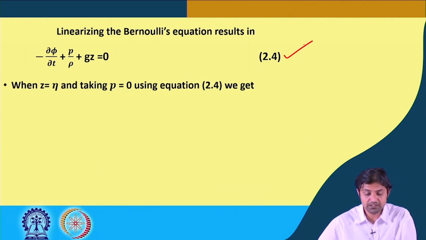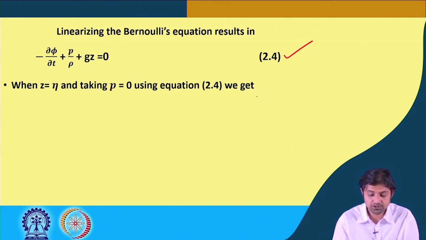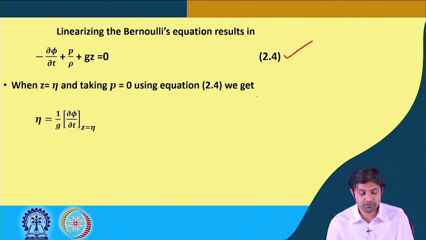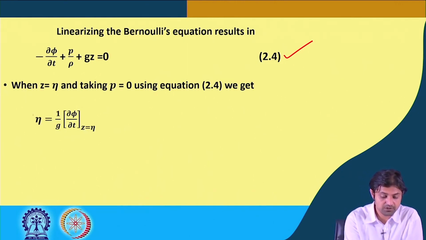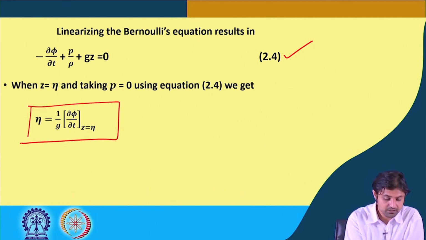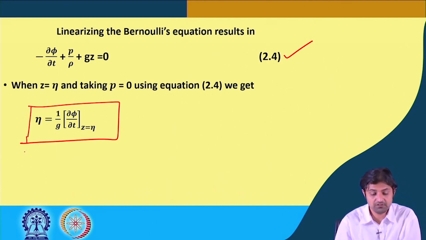When z is equal to eta, that means at free surface, if we take p is equal to 0, from equation 2.4 we get eta is equal to 1 by g del phi del t at z is equal to eta. So, in terms of velocity potential, we have obtained this by linearizing the Bernoulli's equation.